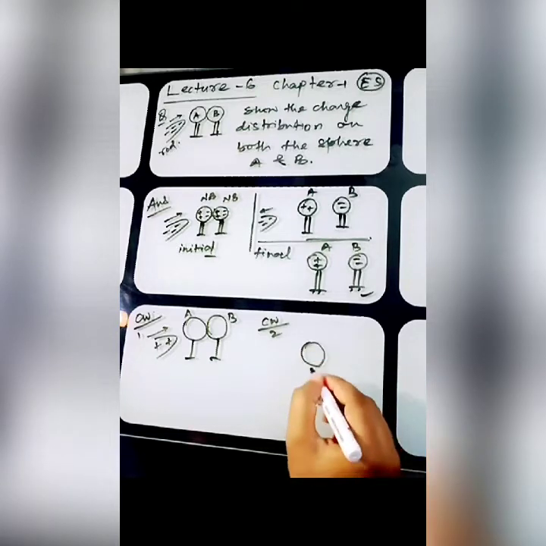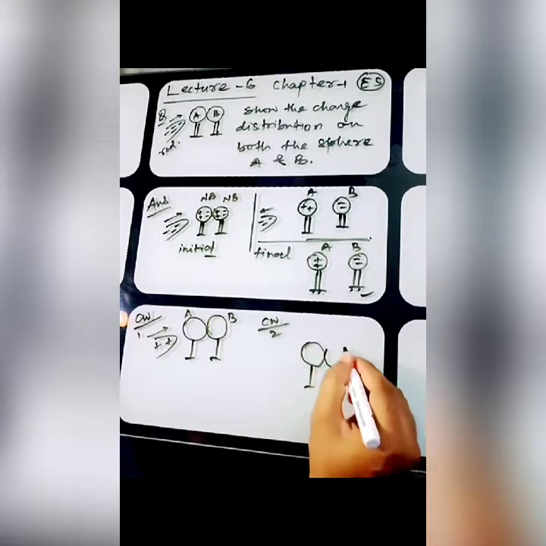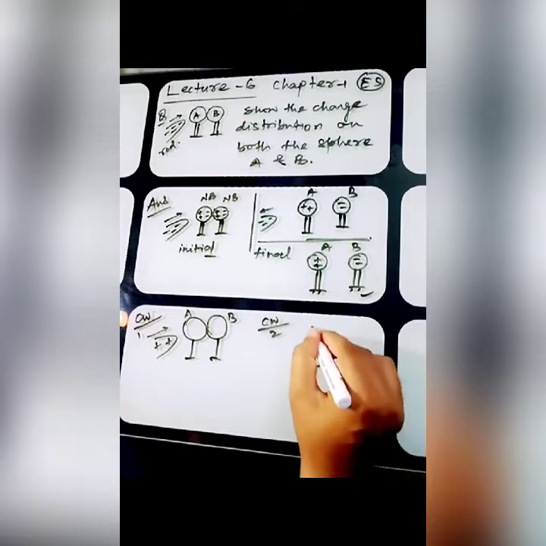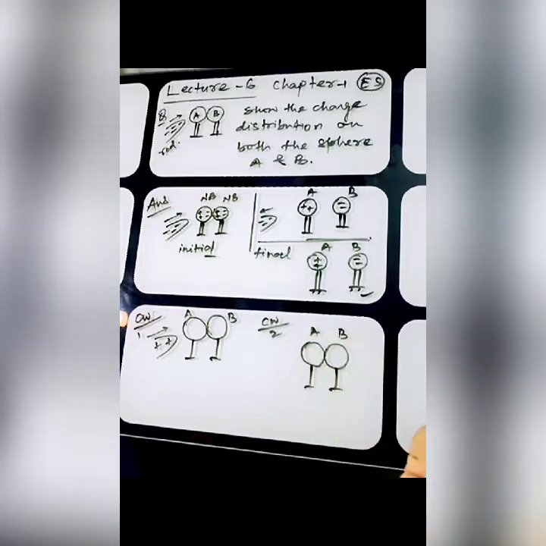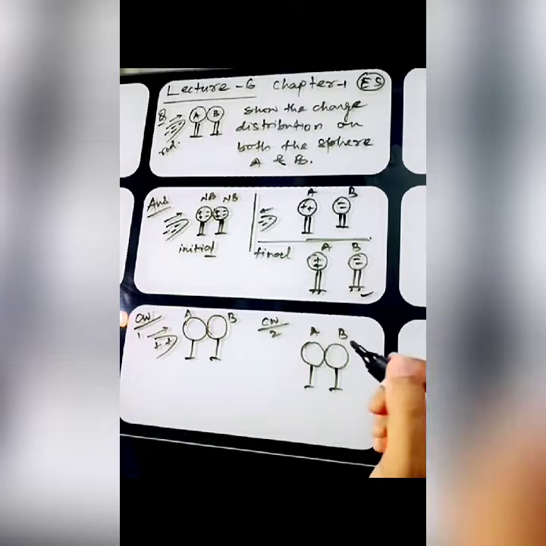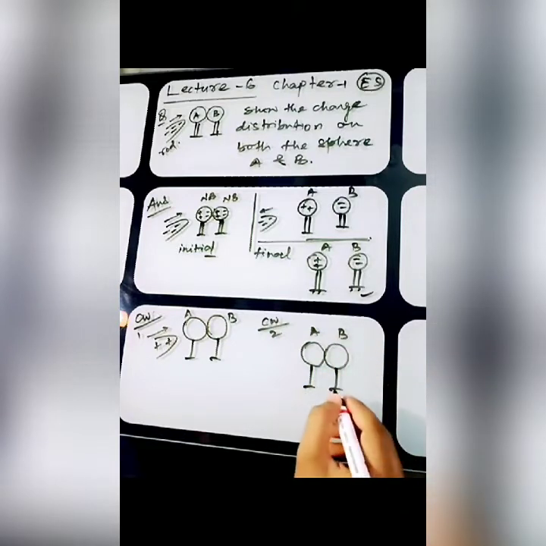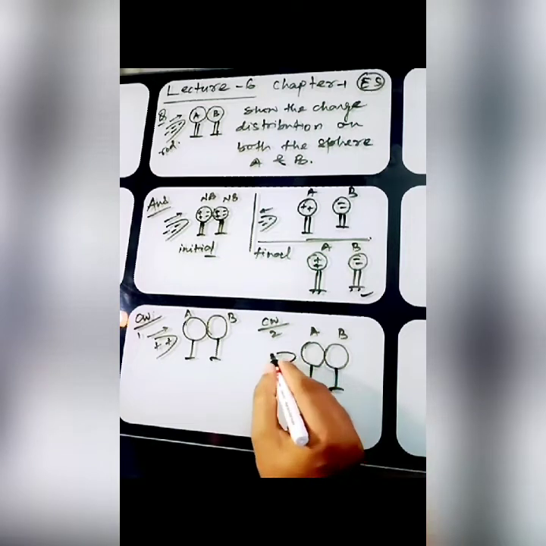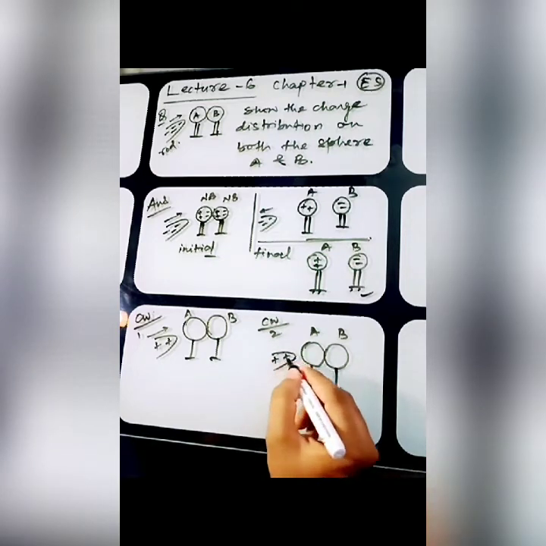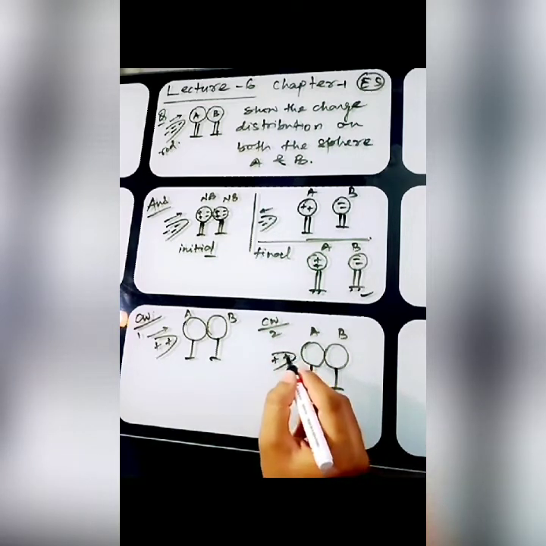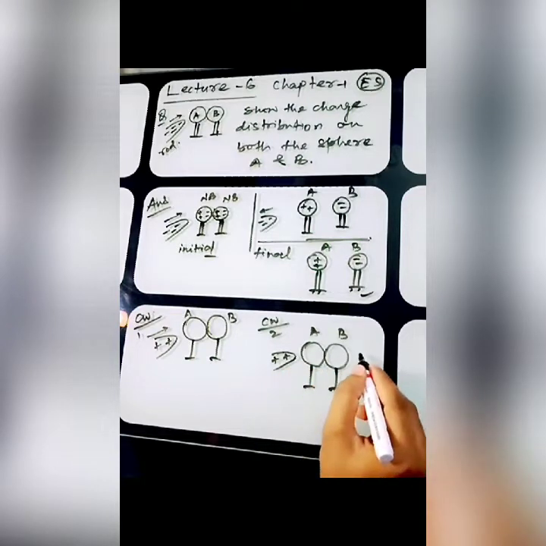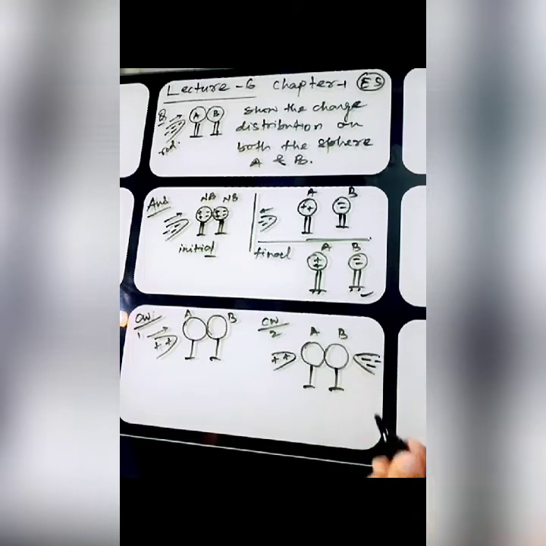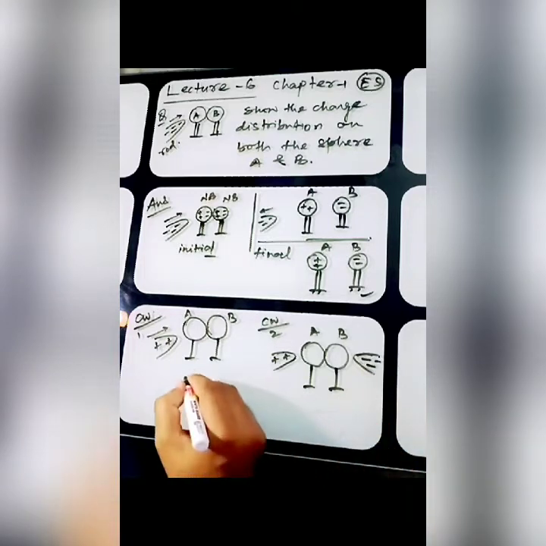Now the second question. Again you have two bodies, A and B. Remember, these are neutral and identical. From one side we bring a positively charged rod, and from the other side we bring a negatively charged rod.